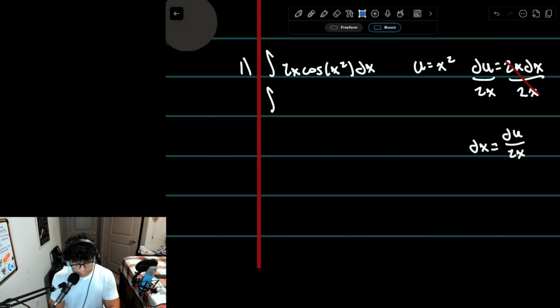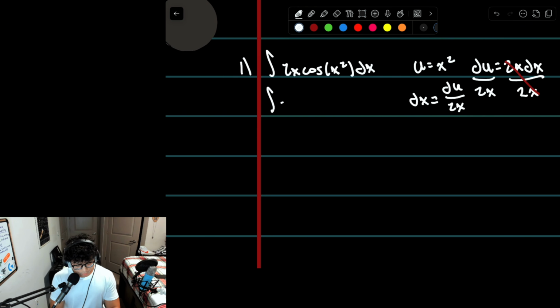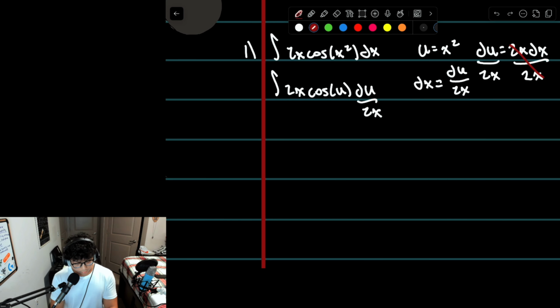So now if I move that over here so you see what we substitute, the integral of 2x cosine u, and then du over 2x. We substituted this value and this value. You then notice that these two x's cancel out. So now we're left with the integral of cosine u du.